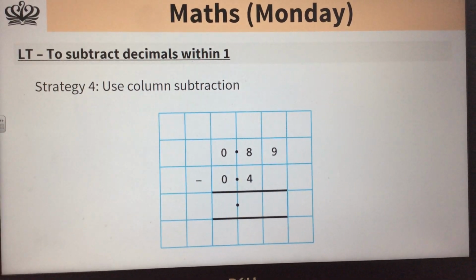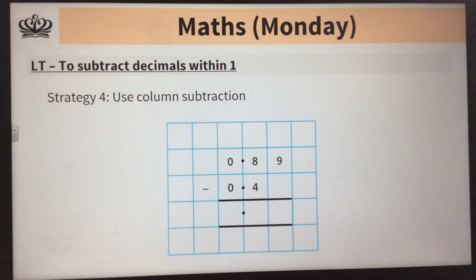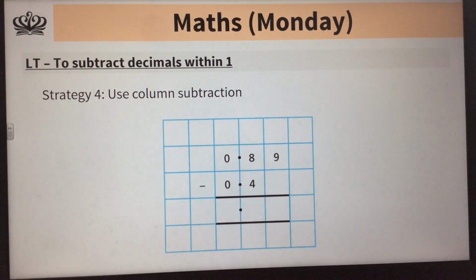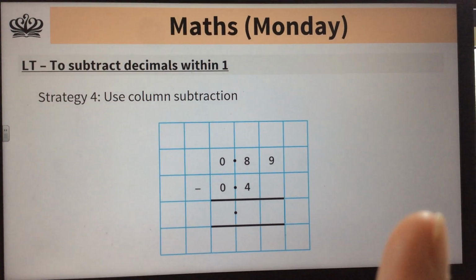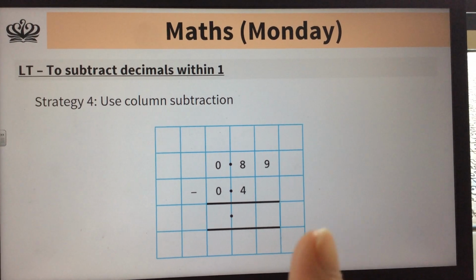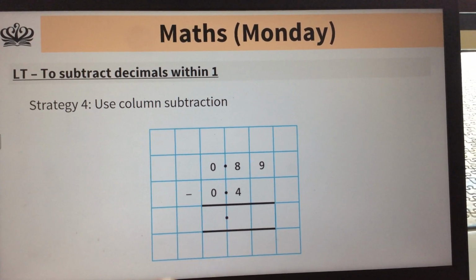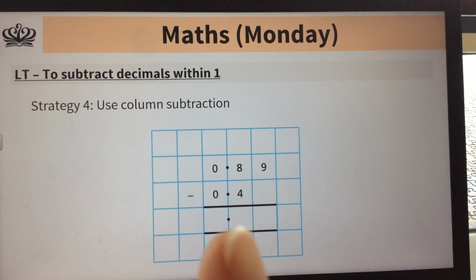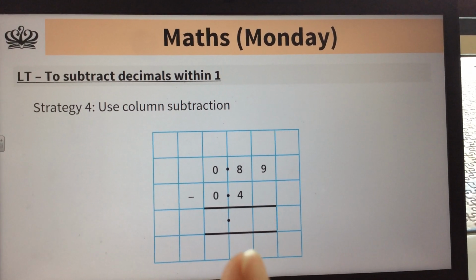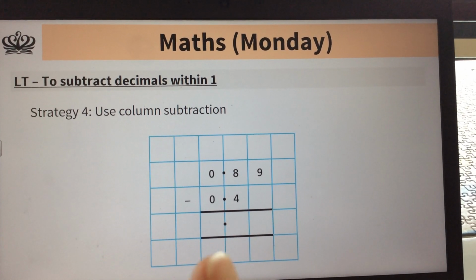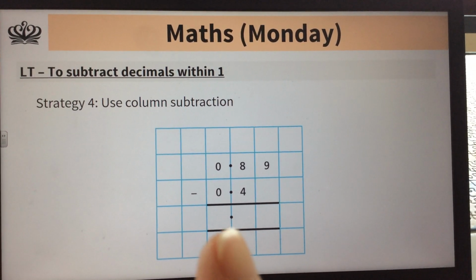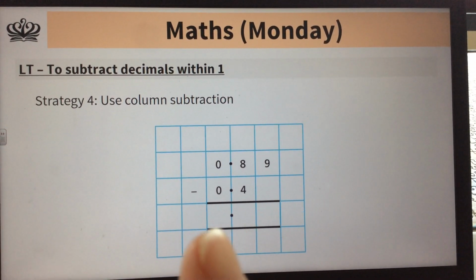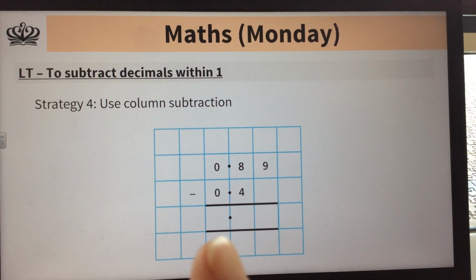Finally, we have column subtraction. Now for some of you, probably a lot of you, this will be what you're using. And for a couple of the questions for today, this will be the best strategy. So again, just to remind you, when you lay it out, using squared paper is the best way of doing this. So you make sure that you've got your columns and your digits in the right place. Put in your decimal point first before you start doing the calculation, so you've got that in the right place.